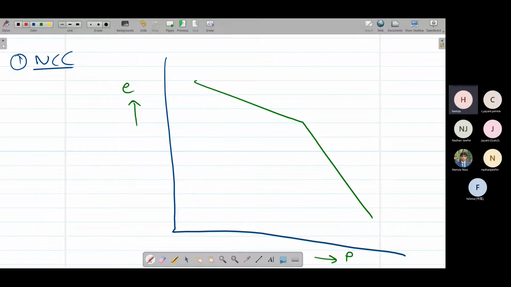In this chart, where the slope changes, we call this stress sigma C, the pre-consolidation pressure.